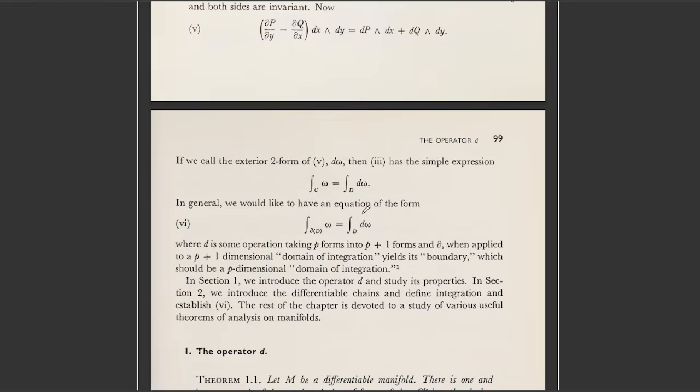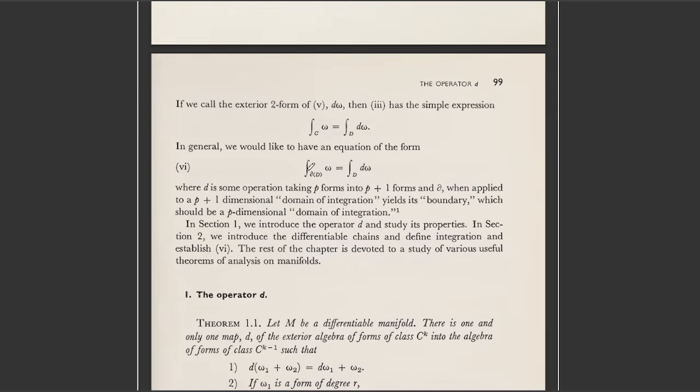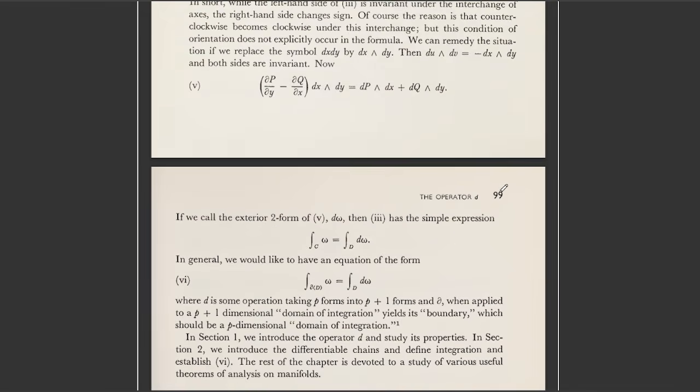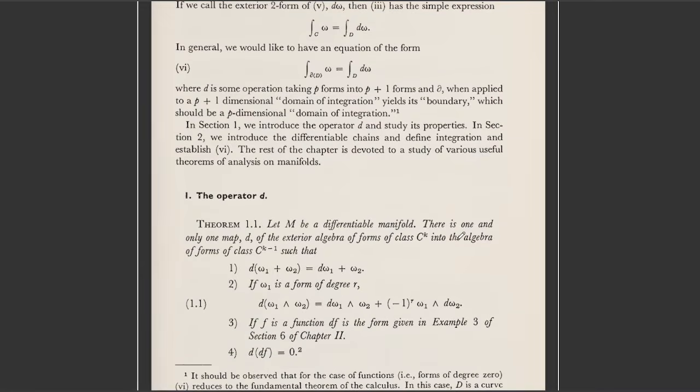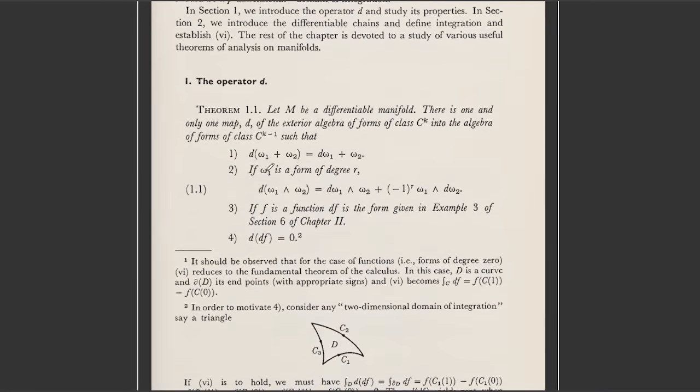That will get defined here. And then, in general, we'd like to have something that would allow us to create Stokes' theorem. Differential forms, integration on chains and manifolds, de Rham cohomology: these are all things that get covered in this chapter.